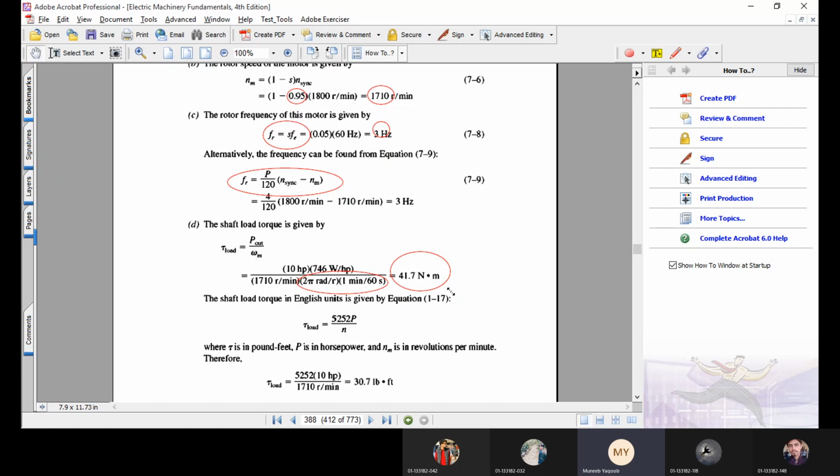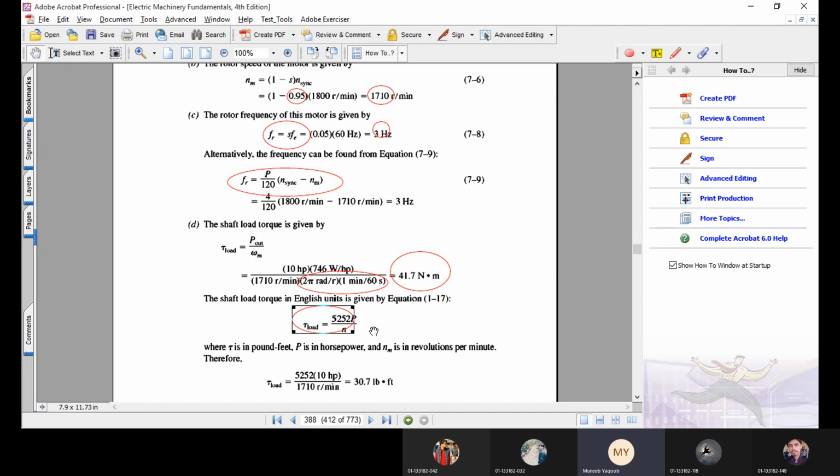If you want to calculate the torque in the British quantity, that is foot pound, then you can do this using this formula. If we know the speed in revolution per minute and the number of poles of the induction motor, we can use this formula to convert power in horsepower and speed in revolution per minute.